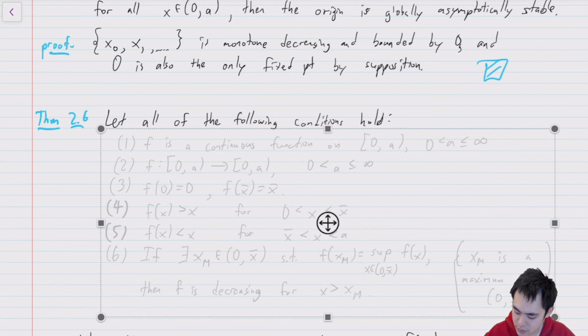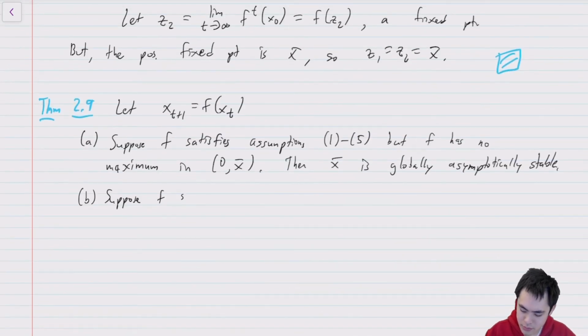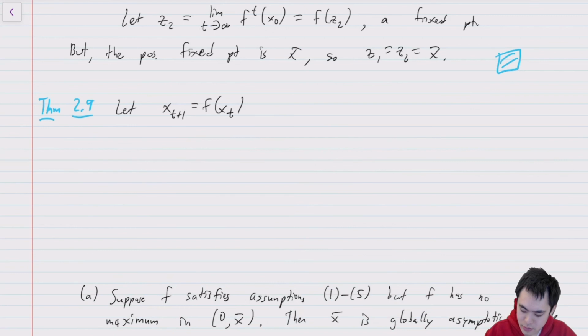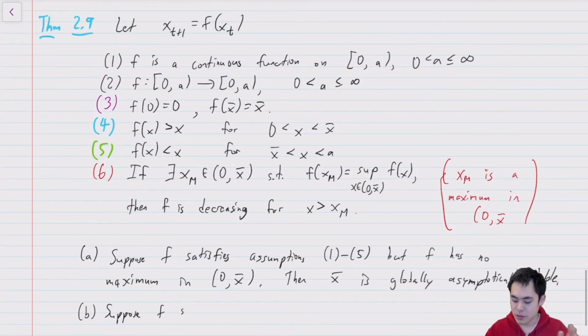Let's copy that, and let's paste that down here. Let me insert some space actually, and paste that down here. So just a reminder, if we satisfy conditions 1 through 5, but it has no maximum, then x bar is globally asymptotically stable.